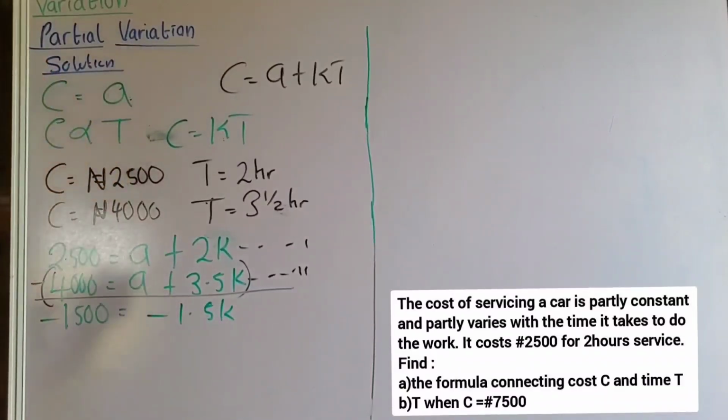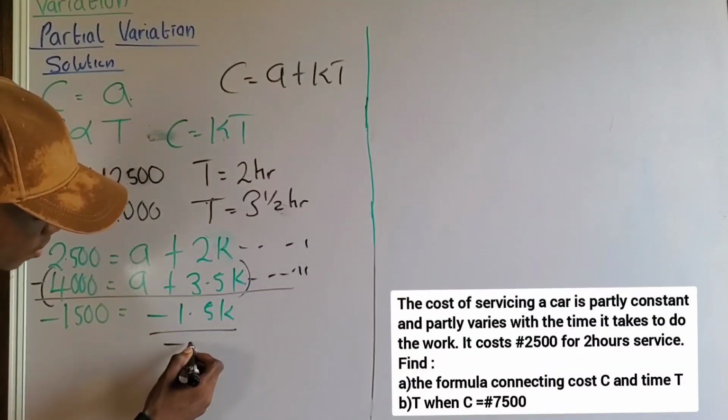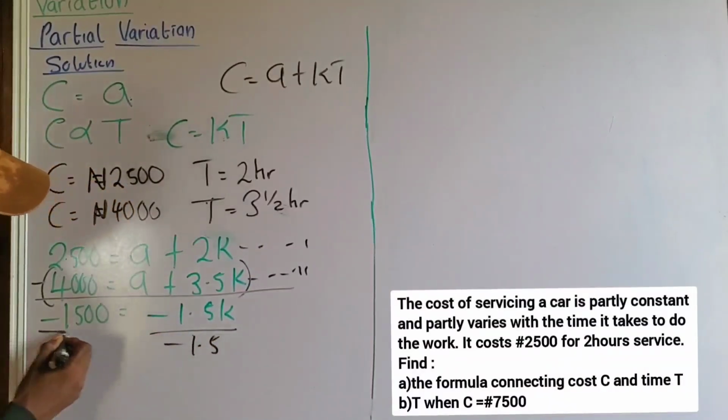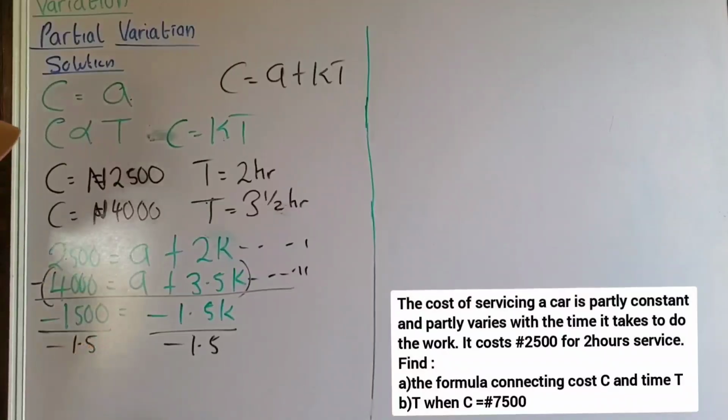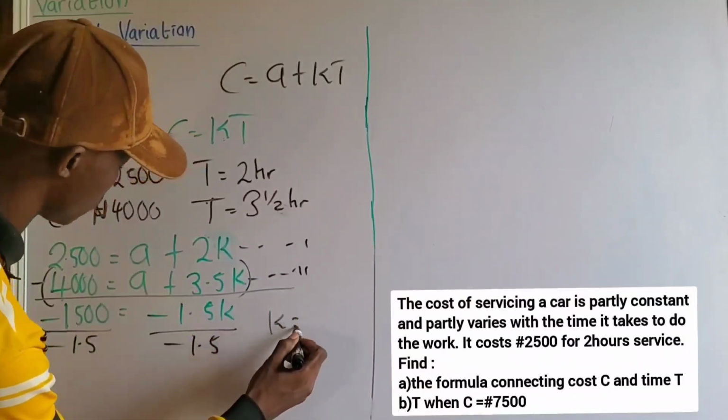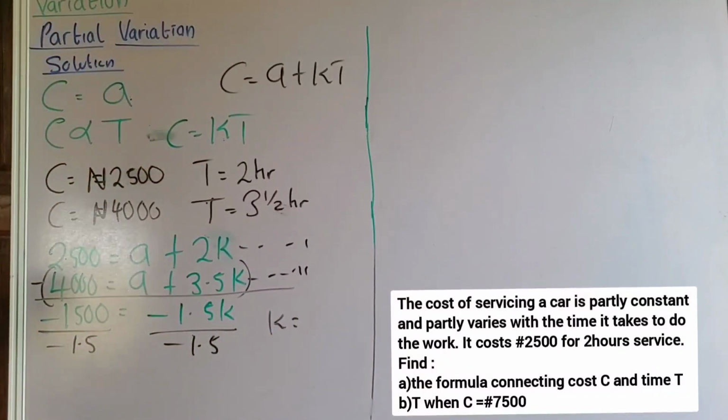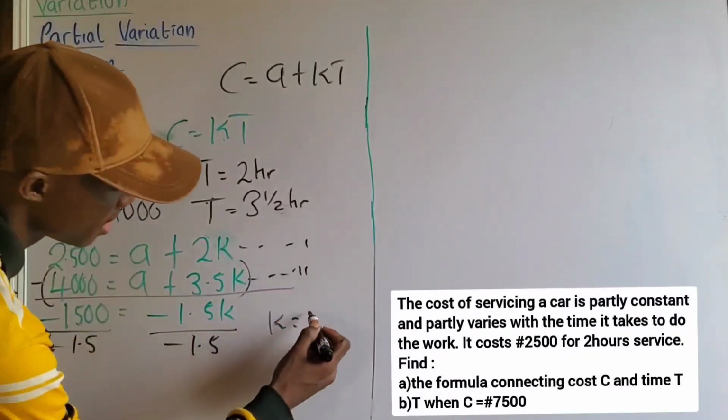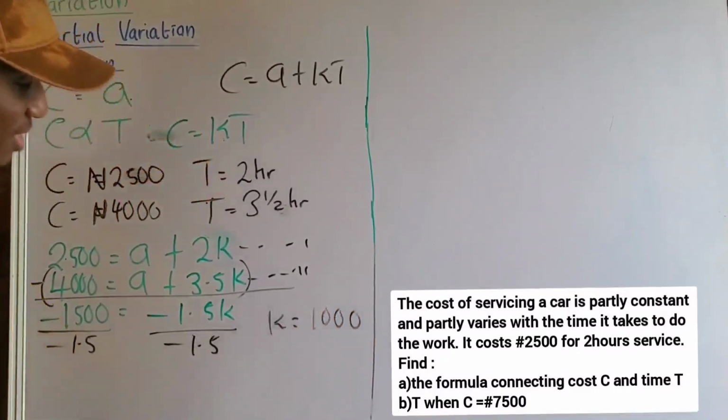With respect to this, we can get the value of K by dividing both sides by minus 1.5. Negative 1,500 divided by negative 1.5 will give us 1,000, right? Yes. So the value of K is 1,000, okay?